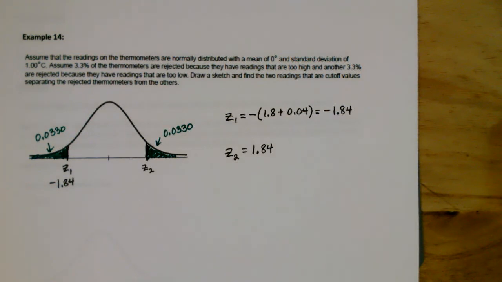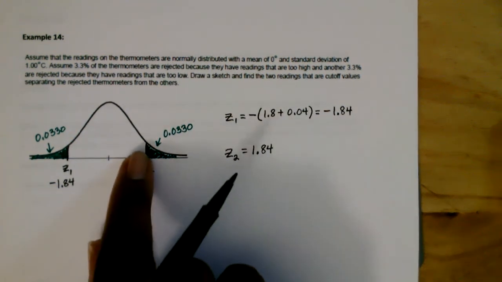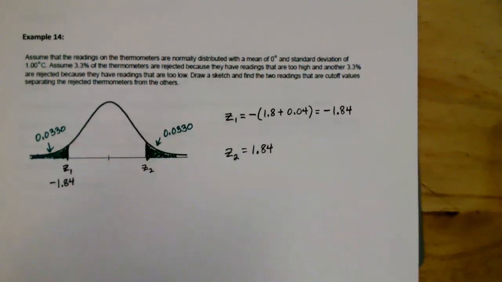Now, of course, if you wanted to, you can go through the motions of subtracting 1 minus 0.0330 and then look on the page that says positive z-scores, which is, of course, 0.9670, and try to find a decimal value close to that.